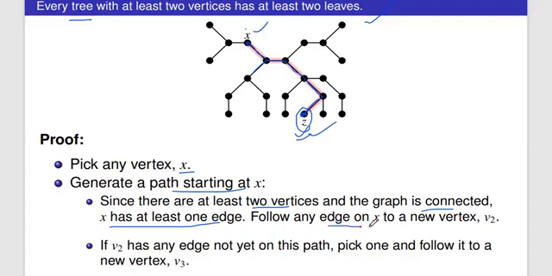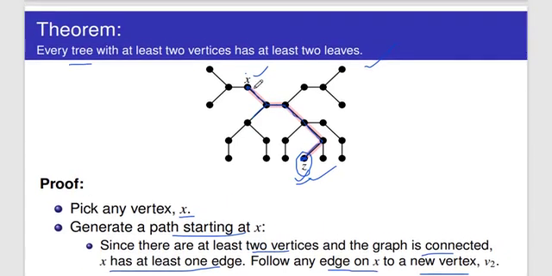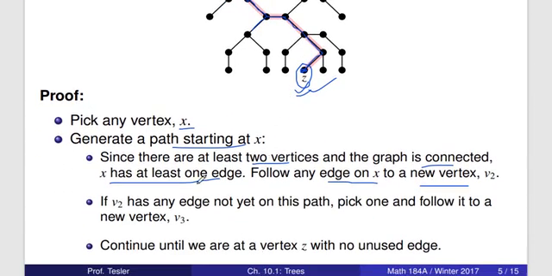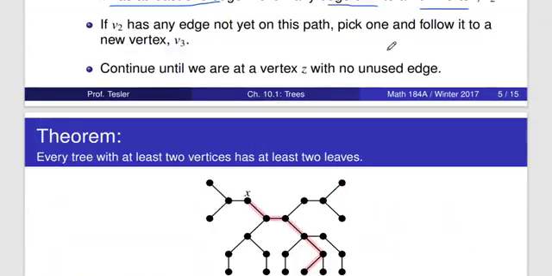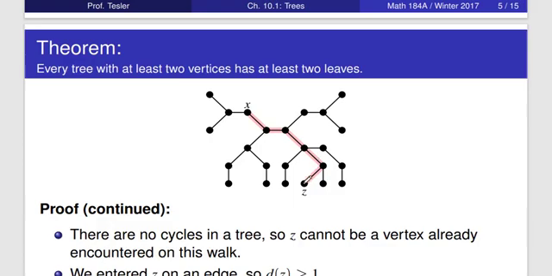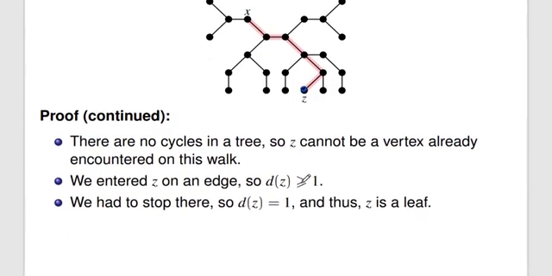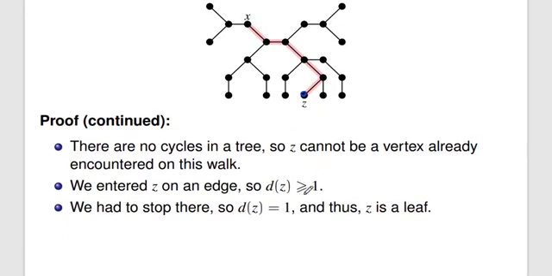So follow any edge from x to a new vertex, then pick an unused edge again. We have now arrived at z. The degree of z is 1, because we cannot make any new path or reach new vertices. So z is a leaf. For one vertex we have one leaf.